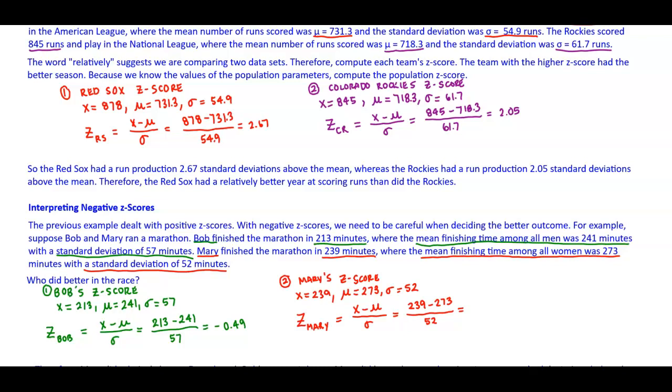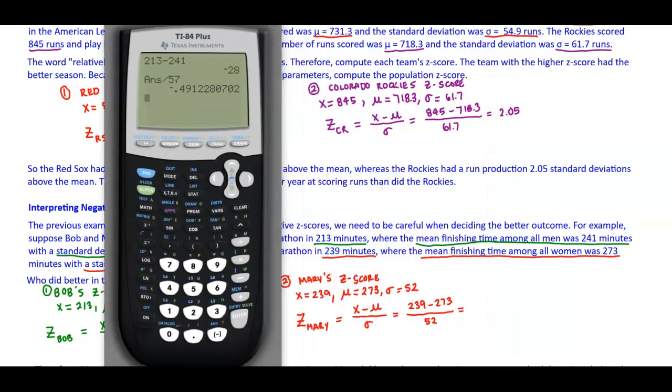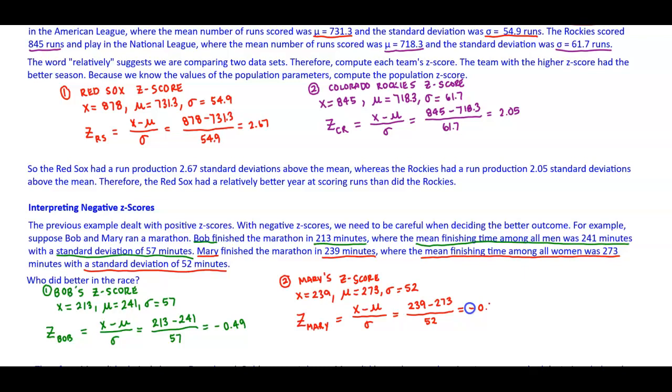So we have 239 minus 273, divided by 52, and we're going to round this to 2 decimal places. This gives us negative 0.65.